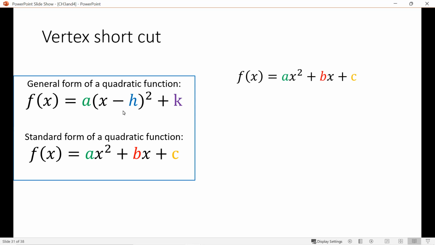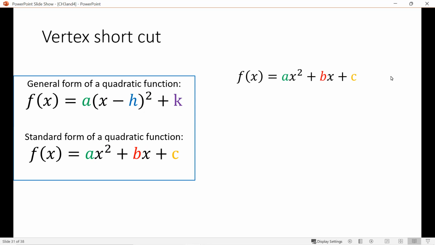These are different than our a, h, and k, although the a's are the same. Notice how we call it a, h, and k when we are in this square-completed form. You can identify the form where the square has been completed because we only have one x. Because it has been factored into a perfect square, you only see the x appear once. Whereas here, in the unfactored form, you see the x squared term and an x term.